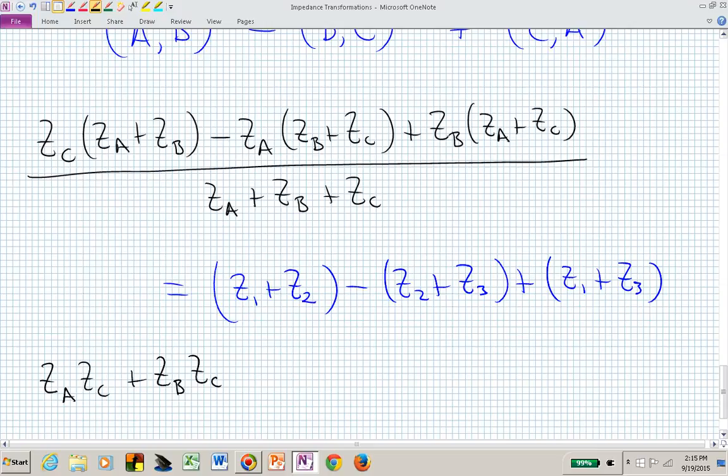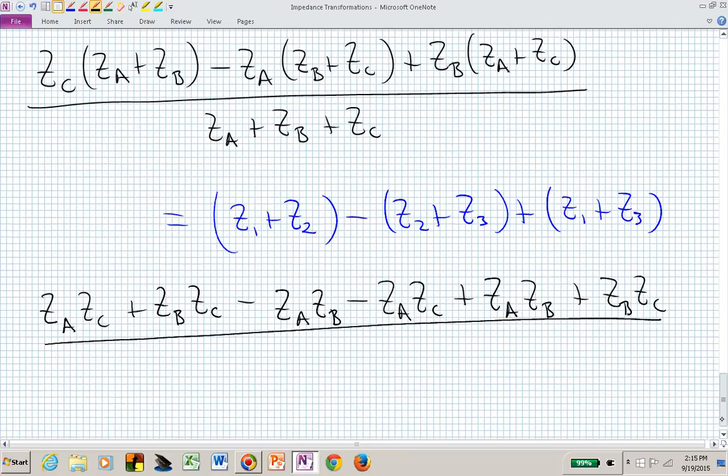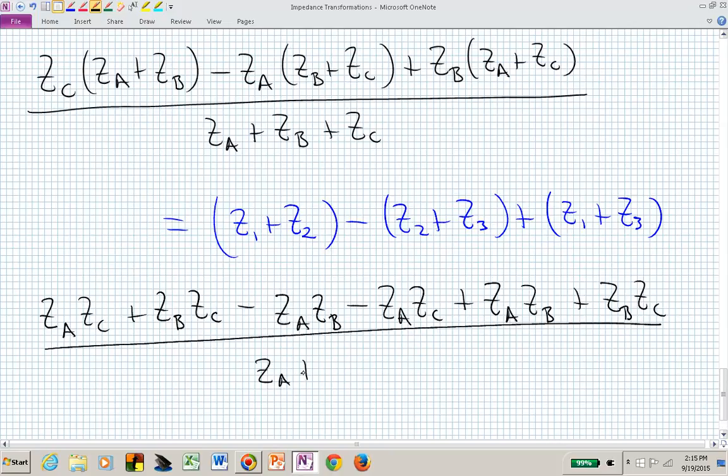So Z sub C, Z sub A becomes ZA, ZC plus ZB, ZC minus ZA, ZB minus ZA, ZC plus ZA, ZB plus ZB, ZC. And all of that is still over the sum of those three impedances.